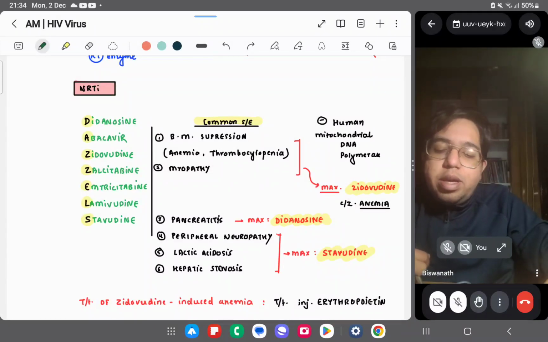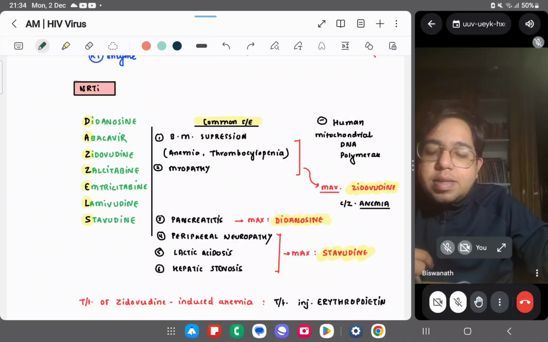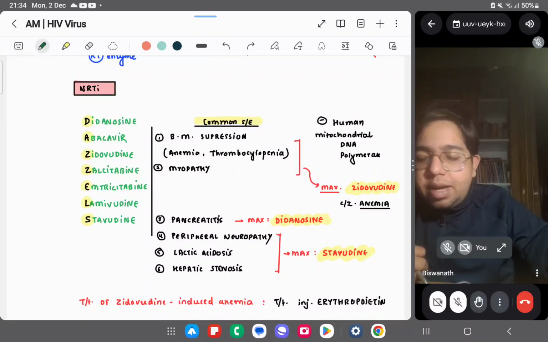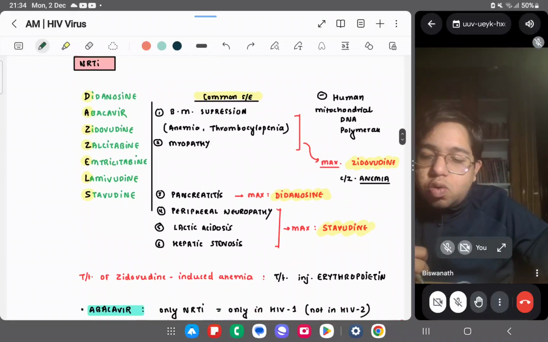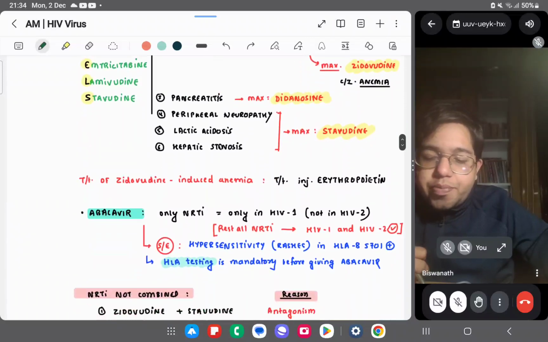Can have myopathy, can have pancreatitis. Maximum pancreatitis is by Didanosine. Okay. And peripheral neuropathy, lactic acidosis, hepatic steatosis are basically maximum with Stavudine. So these things you have to remember.